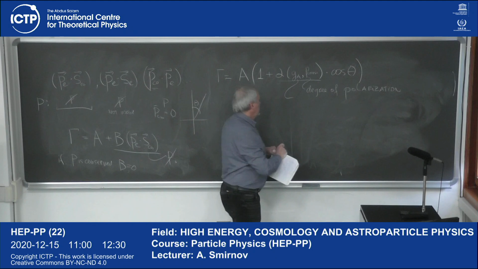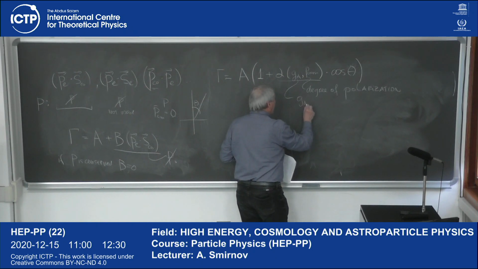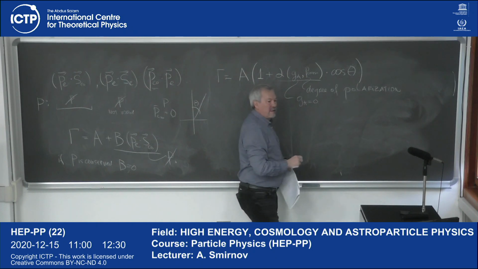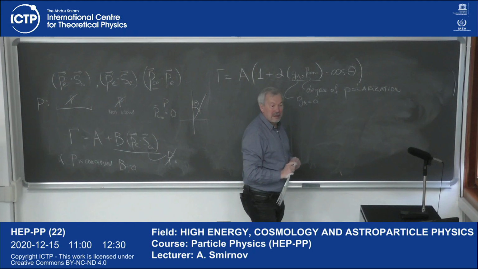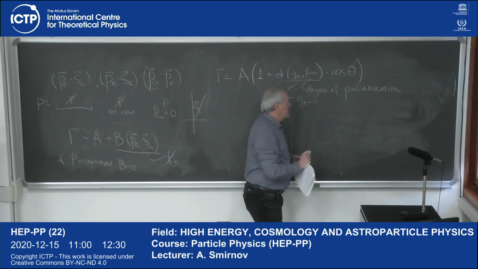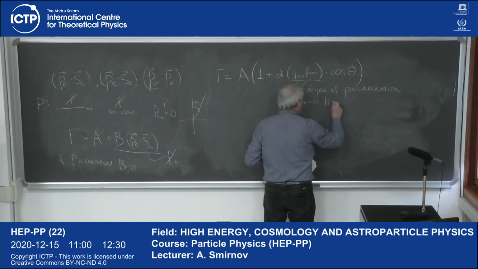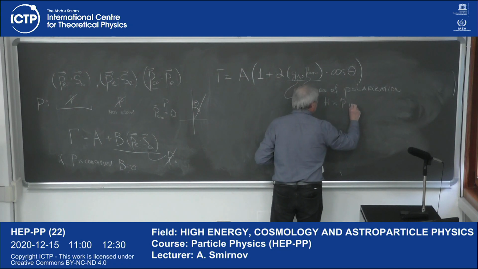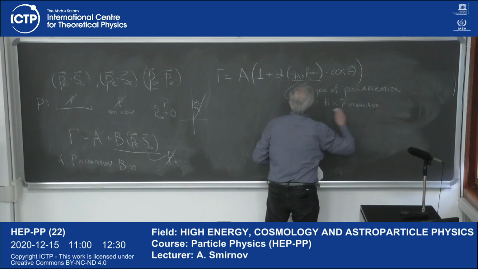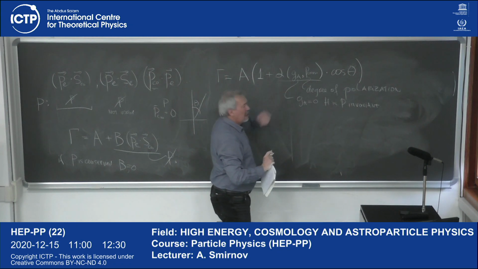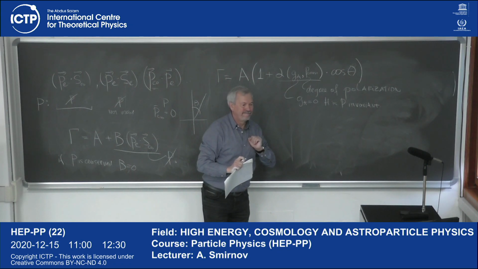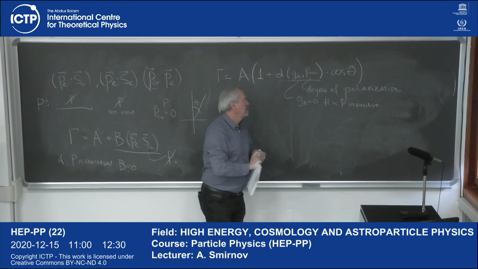If GA is 0, then there is no axial vector current, and then Hamiltonian is P invariant. And if GA is 0, then this alpha should be 0 also. Okay?